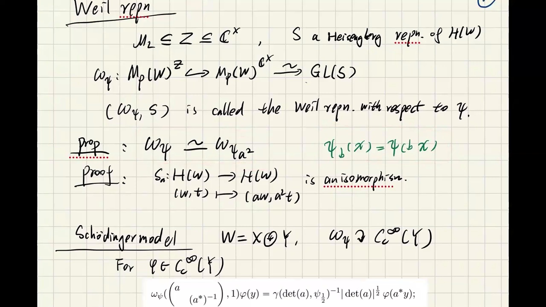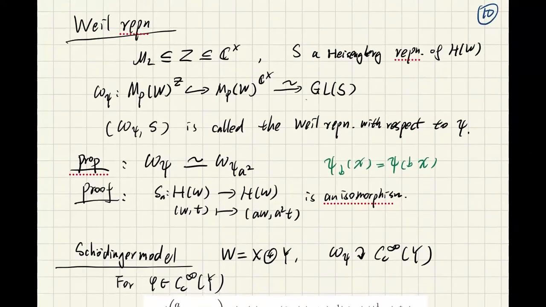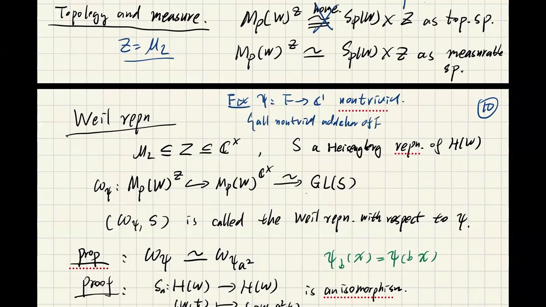In fact, this is an if and only if condition. Once you fix a non-trivial psi of F, where we assume F is local or finite, then all non-trivial additive characters of F are in bijection with psi_a, where a is inside F cross.